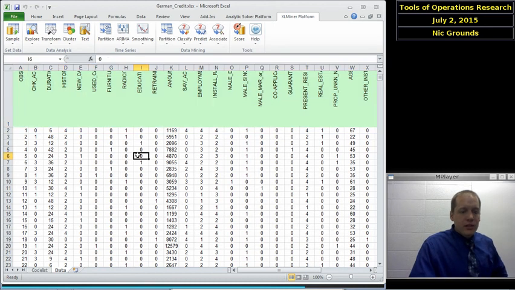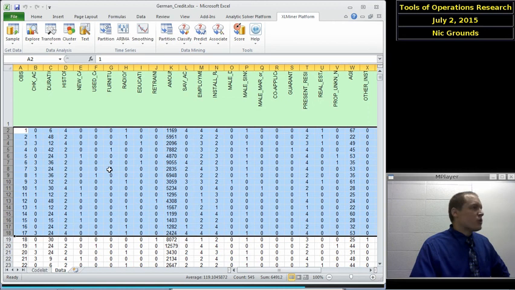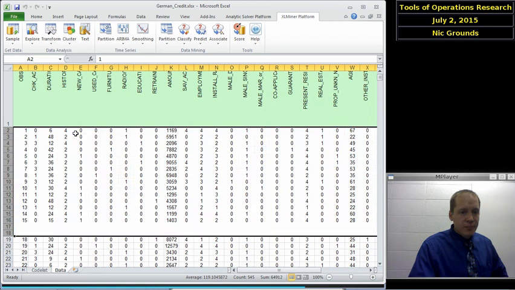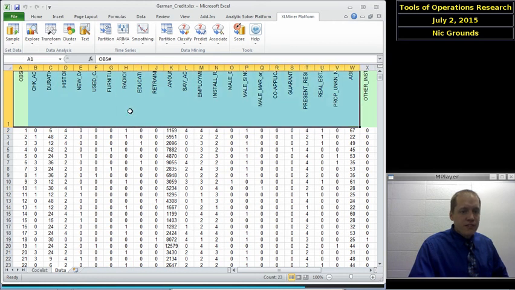Okay, so here's a spreadsheet with records, fields, structured data. What this is, every record represents somebody who's applying to get a loan, to get credit, say from a bank. And for each of these people trying to get a loan, we have certain information about them represented by these different fields.